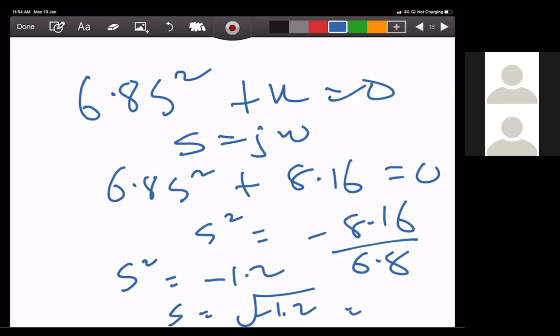So S is equal to square root berapa? Negatif tu tak ada dengan Doktor. Yalah. Jadi J lah. 1.095. Square root 1.2 is 1.095.